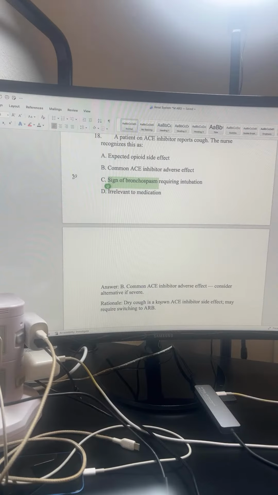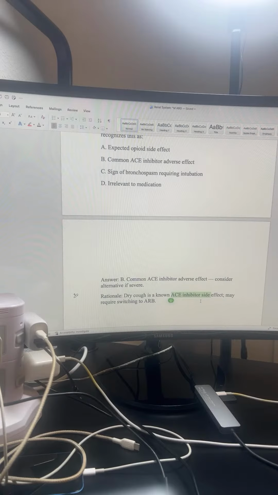The dry cough is known as an ACE inhibitor side effect, and it might require switching to one of your ARBs. If they're having that side effect, you try to taper them off, and then from there switch them over to your ARB. You stop them abruptly if they develop any angioedema or anything like that. Losartan, definitely.